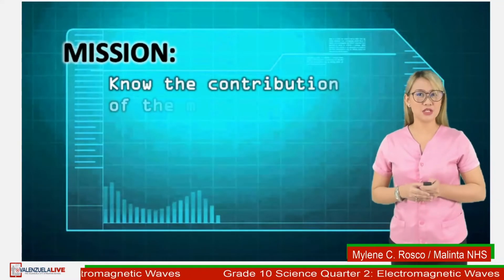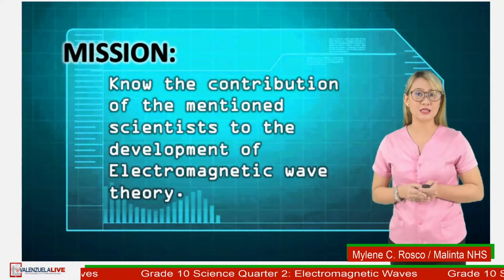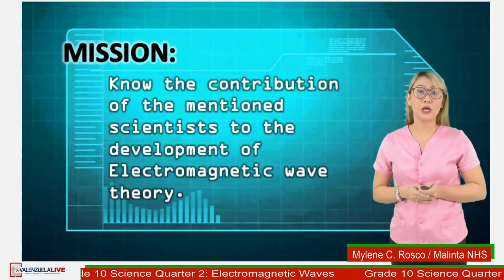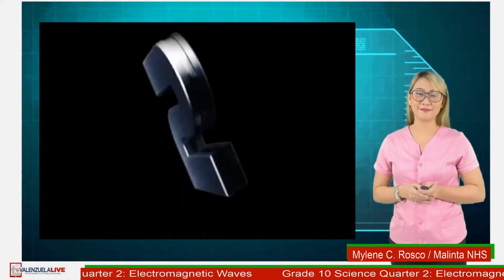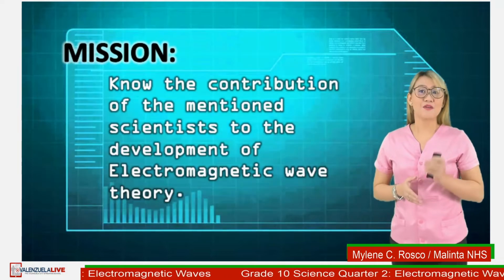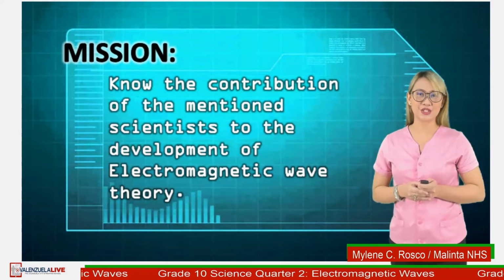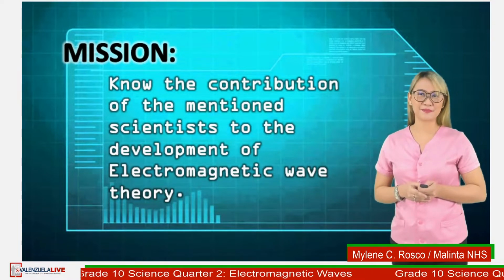Your first mission is to know the contribution of the mentioned scientists to the development of electromagnetic wave theory. You will be given 5 seconds to key in your answer on the comment section. Are you now ready? So let's begin.